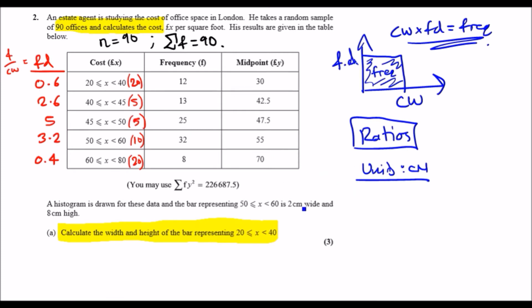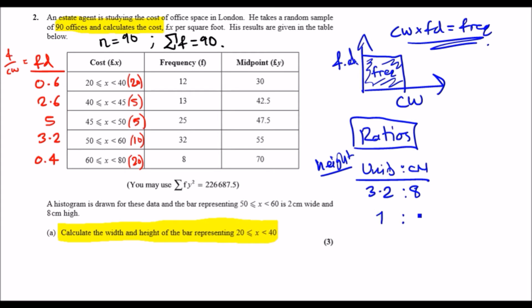All right, so let's just discuss the 50 to 60 bar. Let's discuss firstly the frequency density, the height. For the 50 to 60 bar, every 3.2 units of height is equivalent to a height of 8 centimeters. So first thing, just find what 1 unit is by dividing by 3.2.